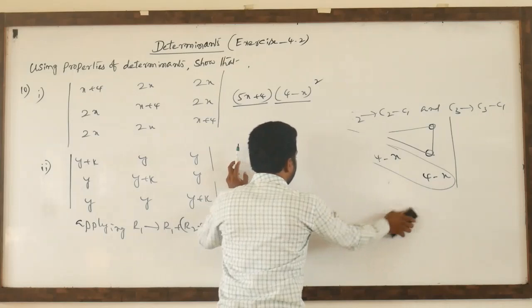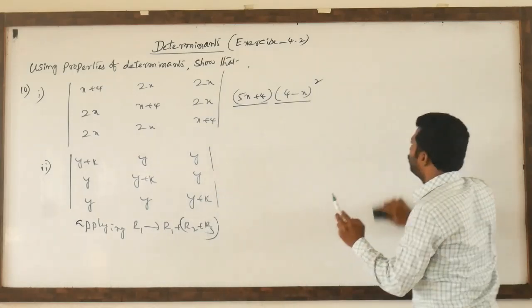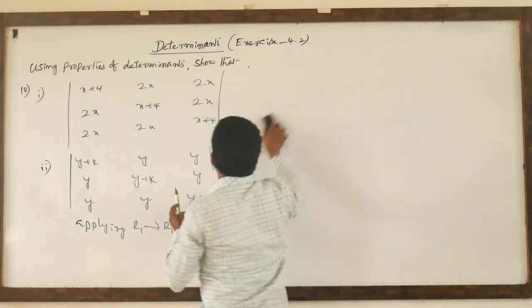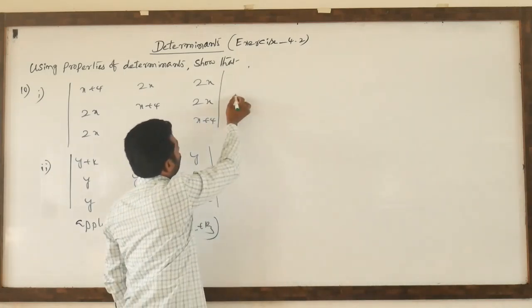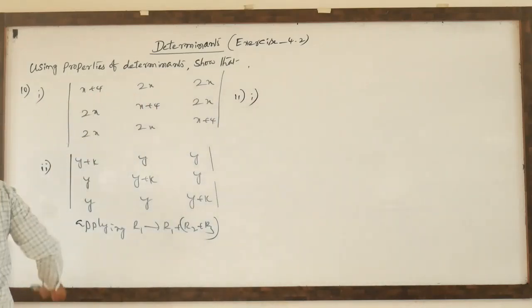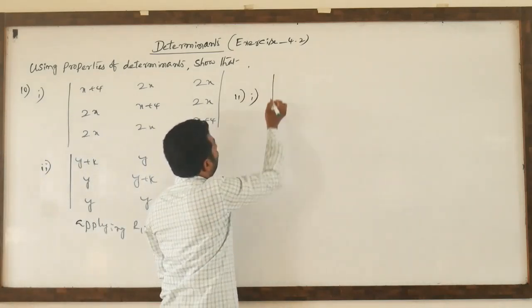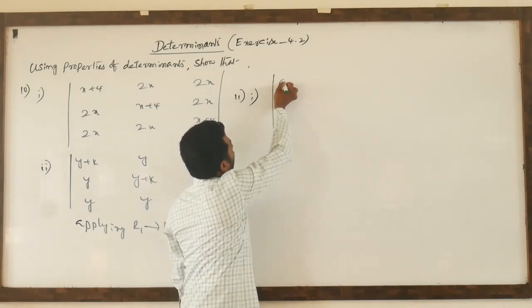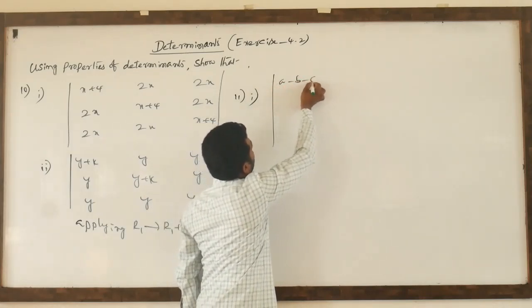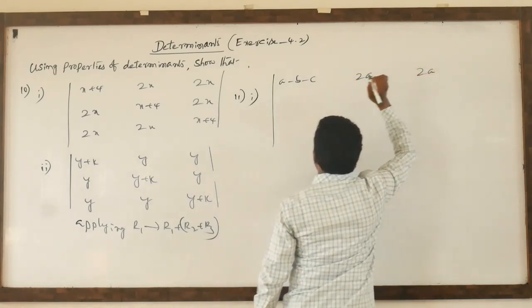Next. 11th first bit. Again same concept only you have to apply. See. What is that 11th first bit? Once we will see. A minus B, A minus B minus C, 2A. See here. Determinant of this is A minus B minus C, 2A. This is 2A.